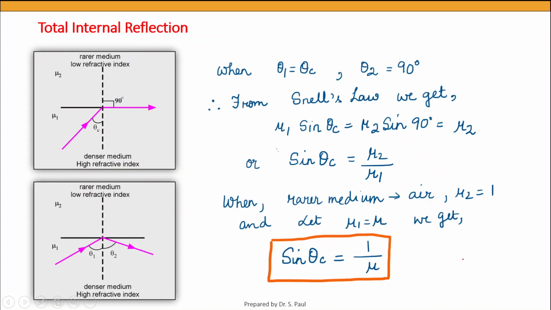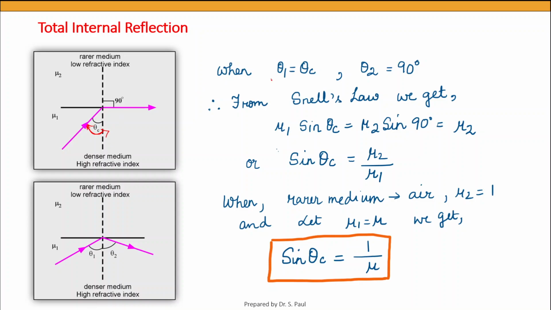Now this theta c is known as the critical angle. At this critical angle, the refracted ray grazes the rarer medium and denser medium boundary. So this is the angle theta c.